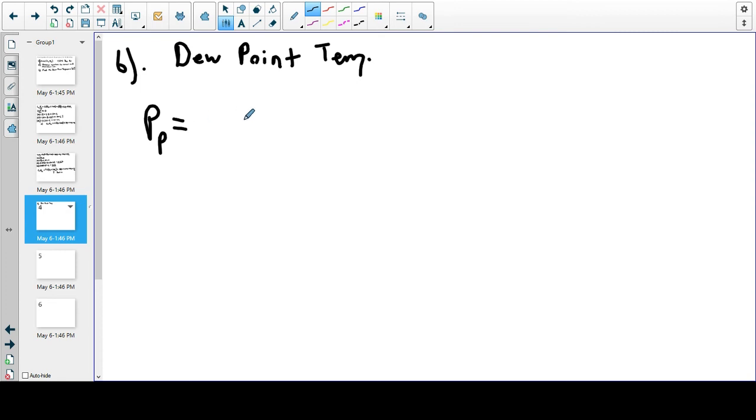So to do that, we have to find the mole fraction of water first. The mole fraction, I think they represent it as Y. So the mole fraction of water is equal to N of water, the number of moles of water, over N of the products.